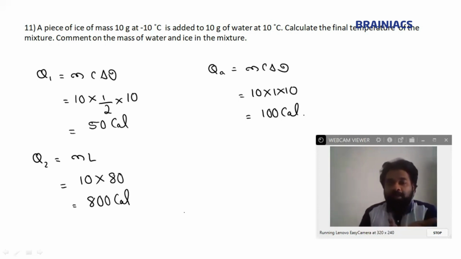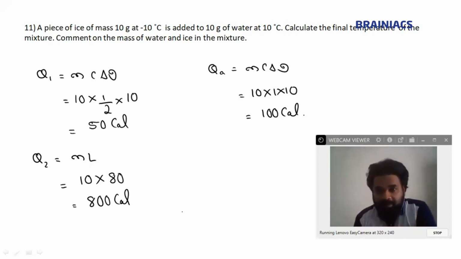Okay, no one is there to supply that much heat. Water, if it becomes 0 degrees Celsius, can give only 100 calorie. Already 50 calories taken for what? For ice to become ice at 0 degrees Celsius. So remaining calorie on the right side is only 50. With the 50 calorie, how much ice can be converted into water? Only that much can be converted.